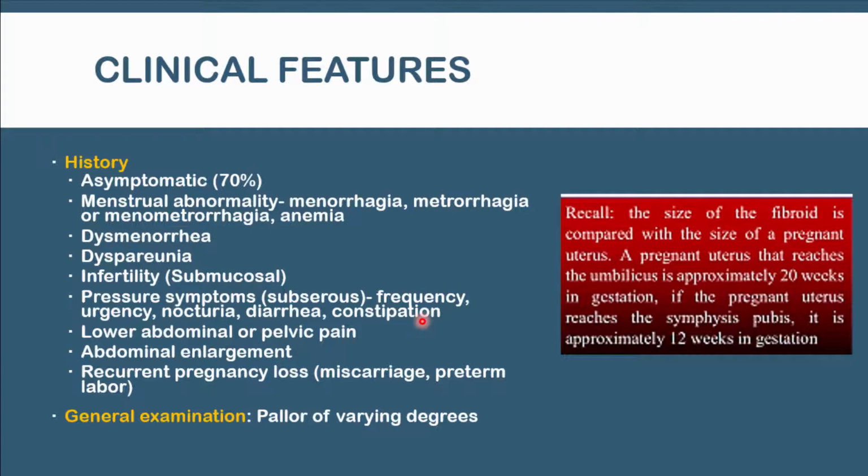Once the pregnant uterus reaches the umbilicus, that's roughly at 20 weeks of gestation. If the pregnant uterus reaches the pubic symphysis, that's roughly around 12 weeks of gestation. So we usually compare the size of fibroids to the gestation of the pregnancy.